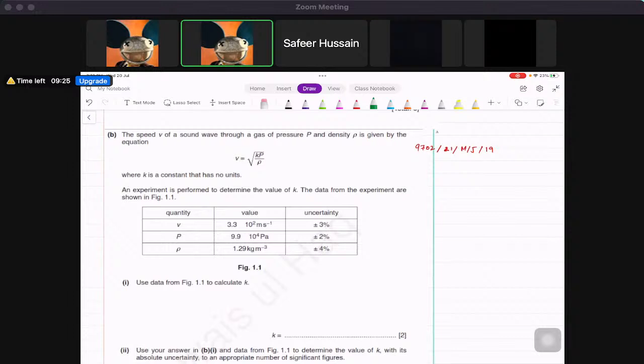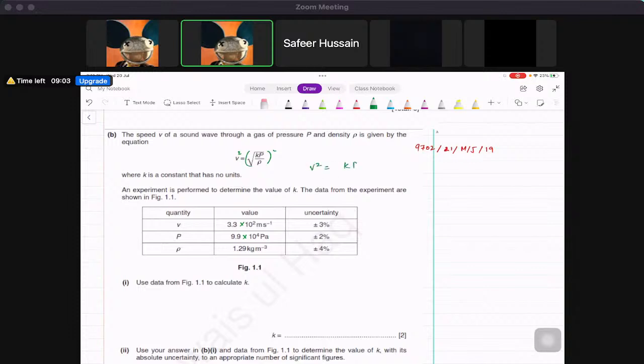In case percentages are given as uncertainty, I just love this question because it really makes things simpler. They have given you an equation and they say use the data to calculate k. To find k, first of all, we are going to square the whole thing. So this will be v square equals k p and rho.